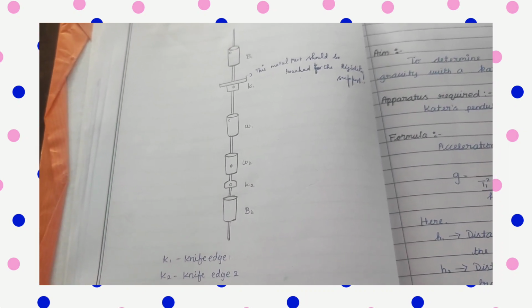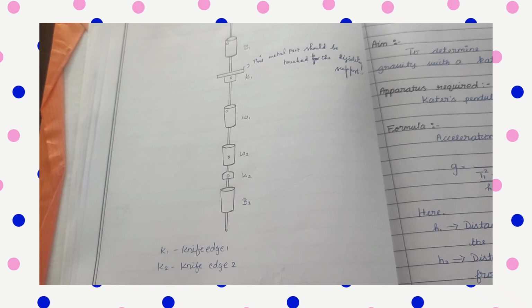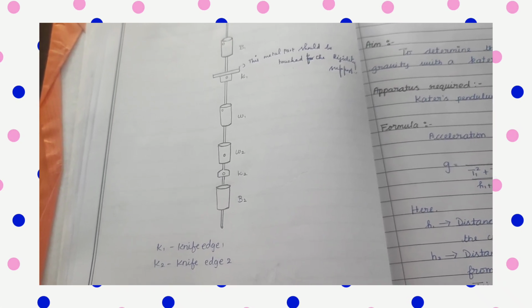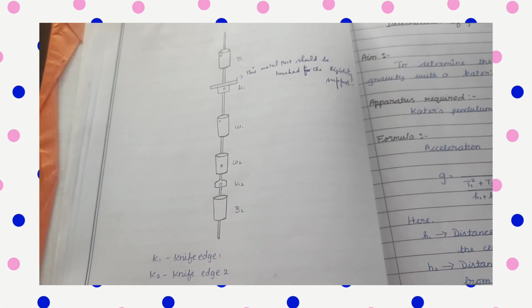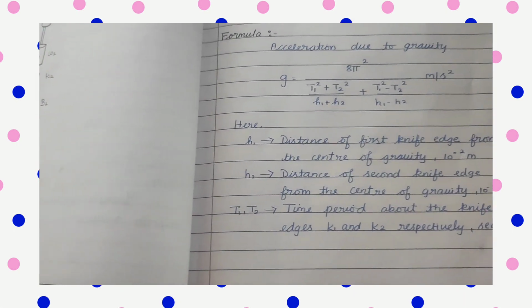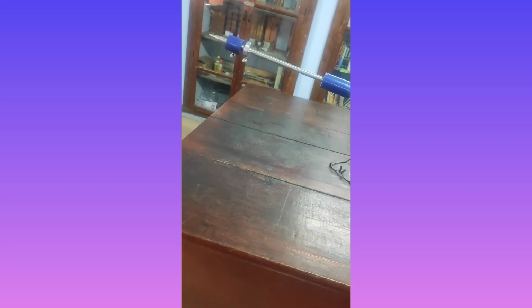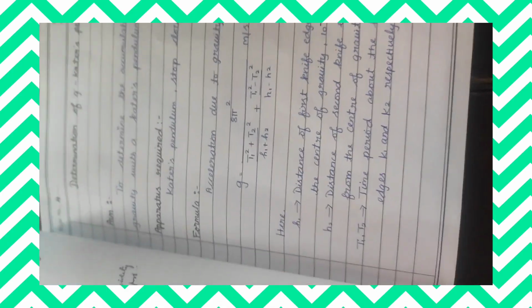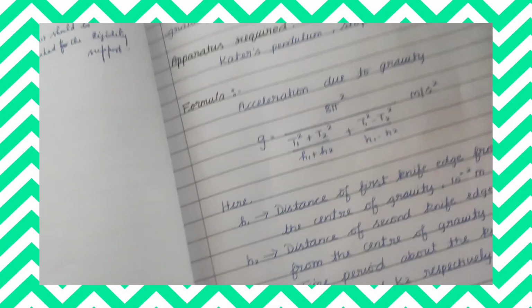This is the schematic diagram for Carter's pendulum. It consists of two symmetrical weights on both sides. One side is made up of wood and the other side is made up of metal. Before that, we have to maintain the center of gravity. For that we balance Carter's pendulum using a knife edge.